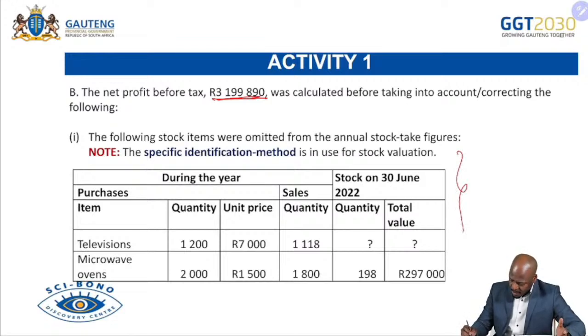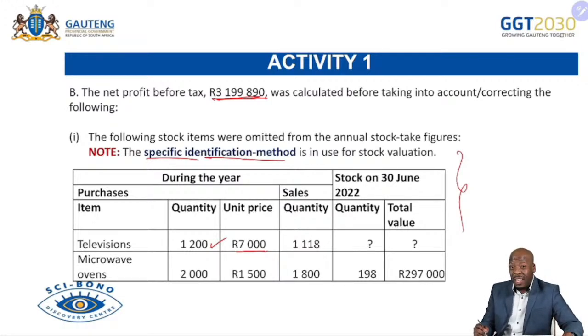So what we can see here is we have televisions, all right? And then on our televisions, we had 1,200, and then the unit price per TV was 7,000. Now, keep in mind, we are using the specific identification method.